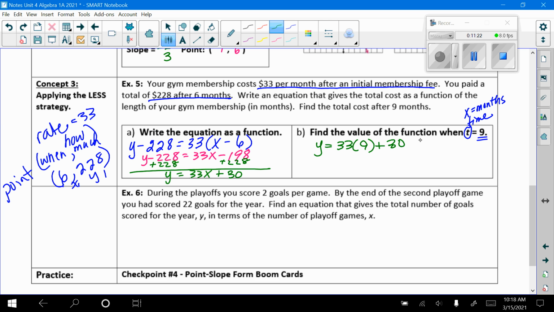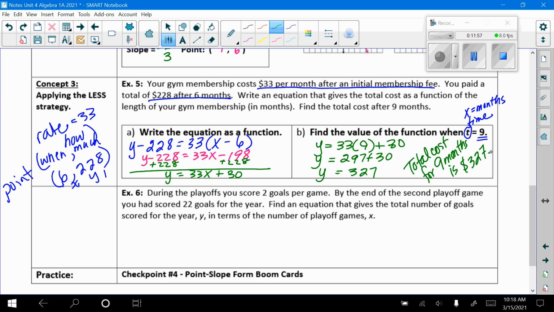And 33 times 9 gives me 297 plus the $30 would be 327. And I would show that the total cost for 9 months is $327.